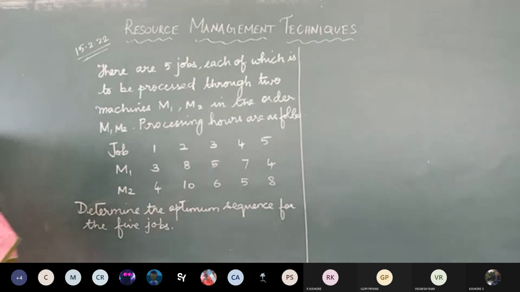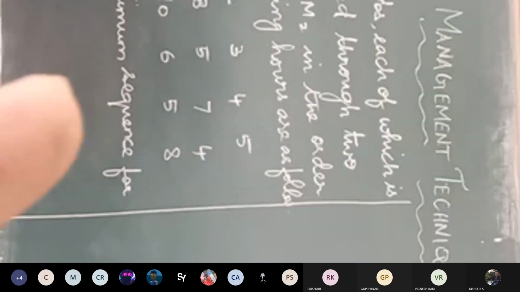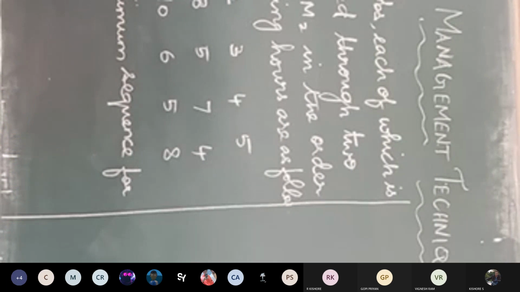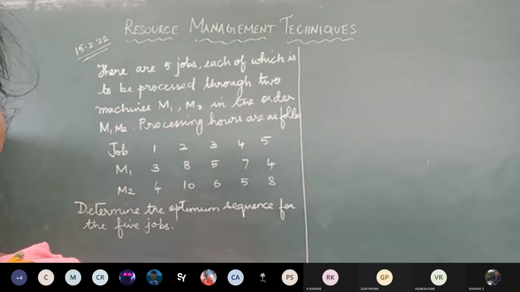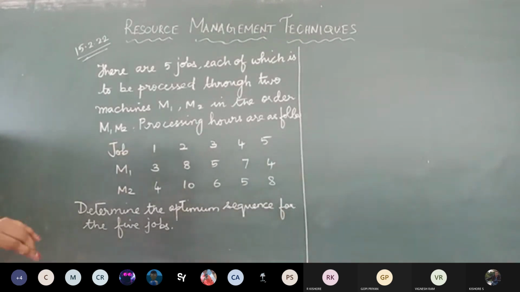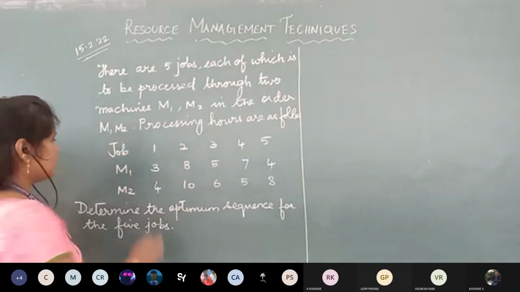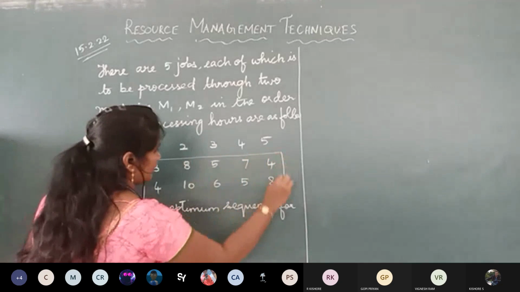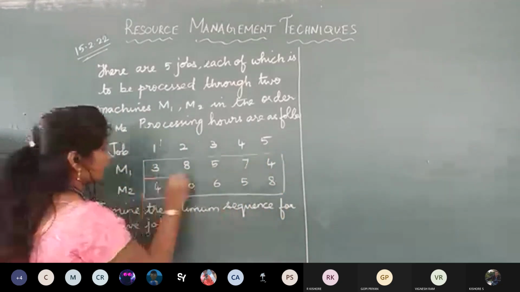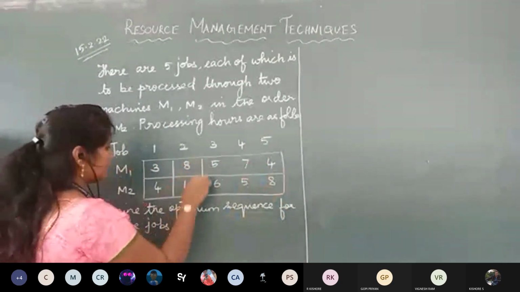First I will work out this optimum sequence. How to find out your optimum sequence: with that sequence only you will start the problem. So first you write the question. They have given you 5 jobs and 2 machines.